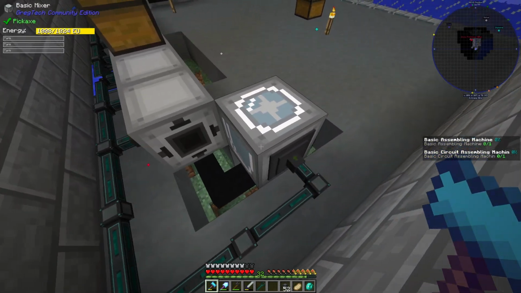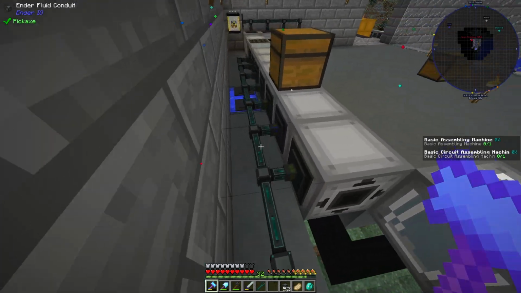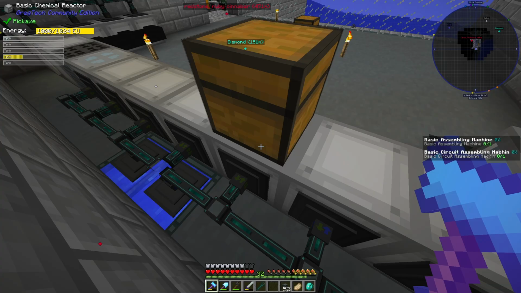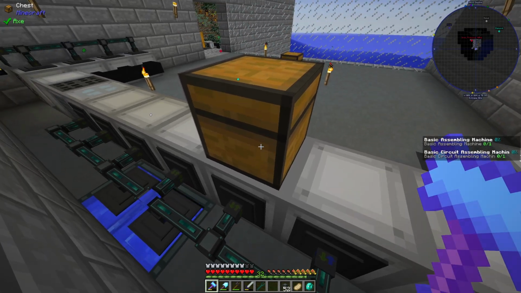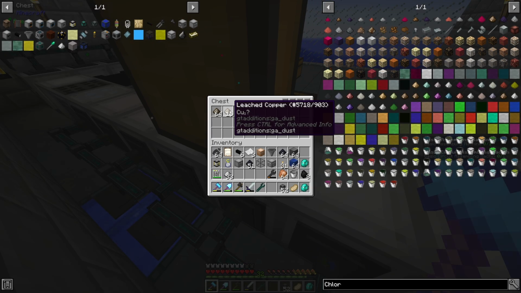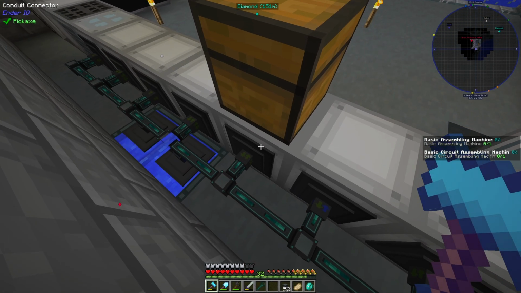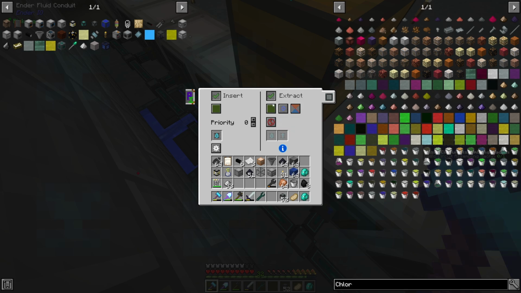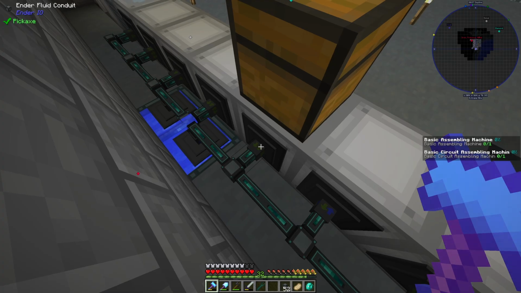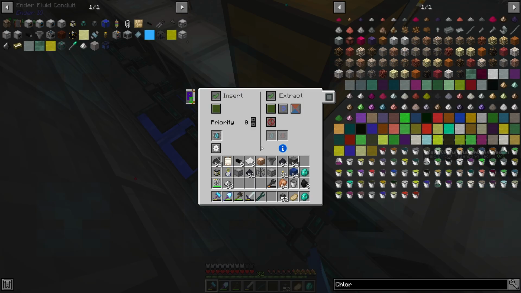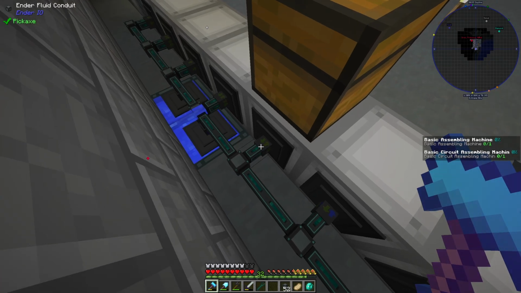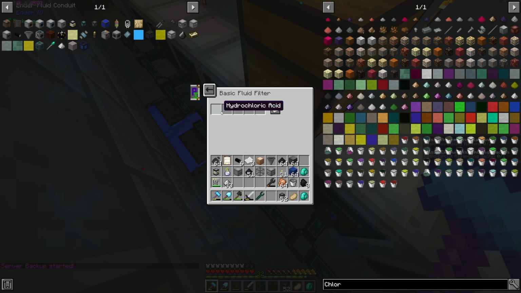Why is this not going? The output side should be set to the top. So why is this not extracting? Interesting.